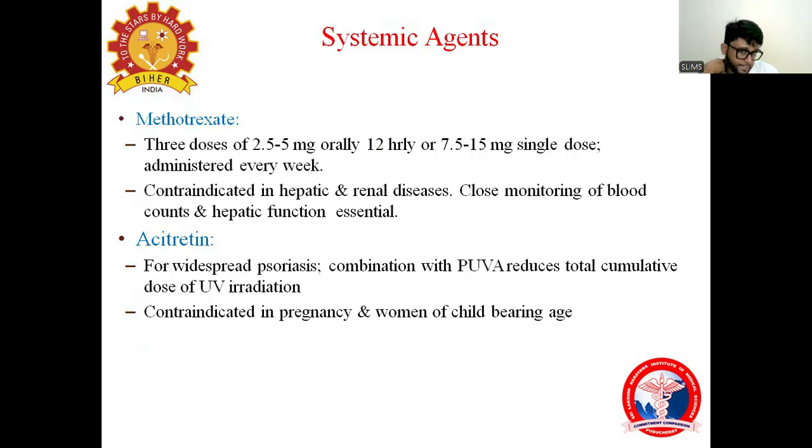Acitretin is for widespread psoriasis and can be combined with NB-UVB. It is contraindicated in pregnancy and in women of childbearing age. If you give acitretin, you have to advise the patient not to get pregnant for the next 2 years.